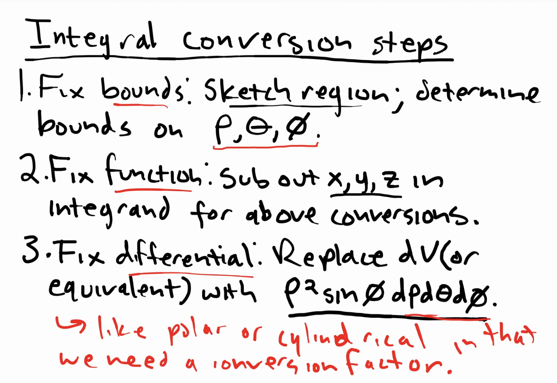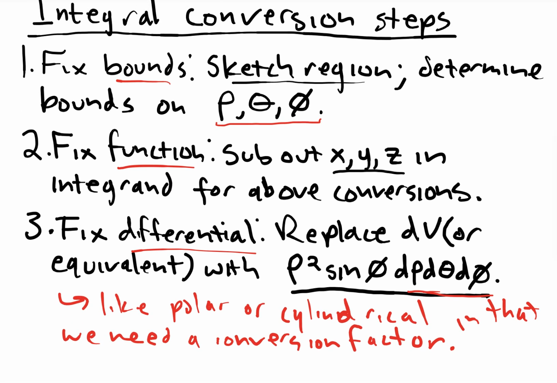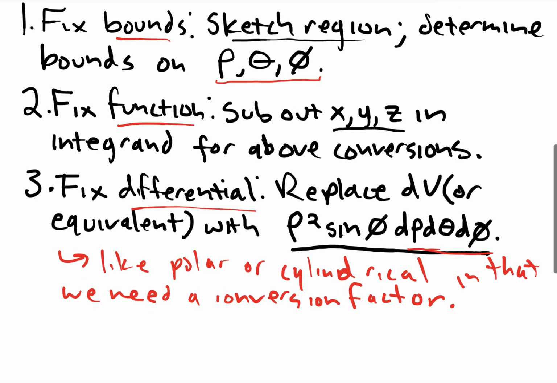So for any integral that you're looking to rewrite, either a dv integral or a dy dz dx or dz dx, whatever, if you have those differentials in some order and they're directly equal to dv, you can make this replacement. Okay, so let's see if we can actually try this with a couple examples here.